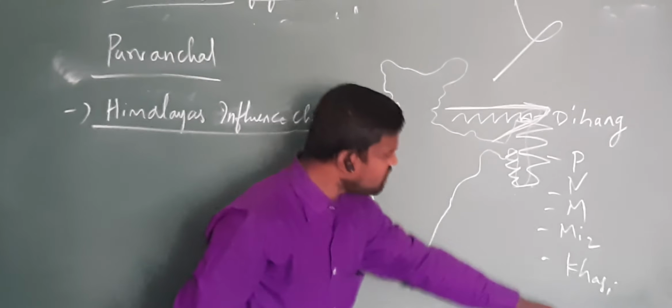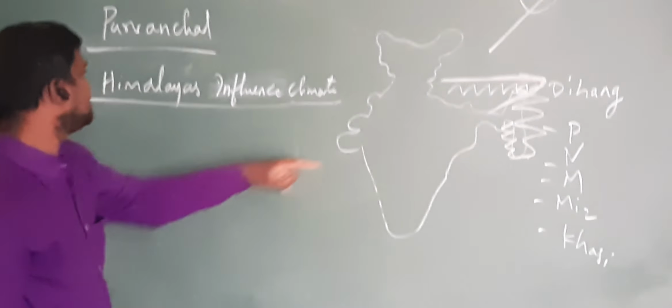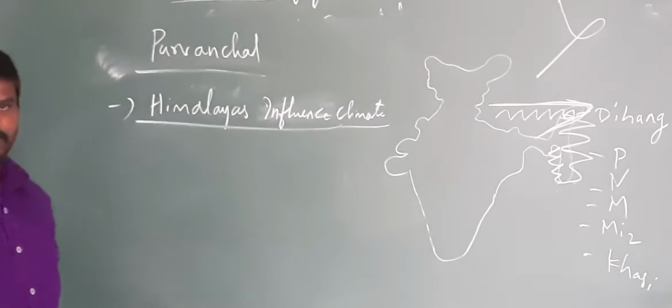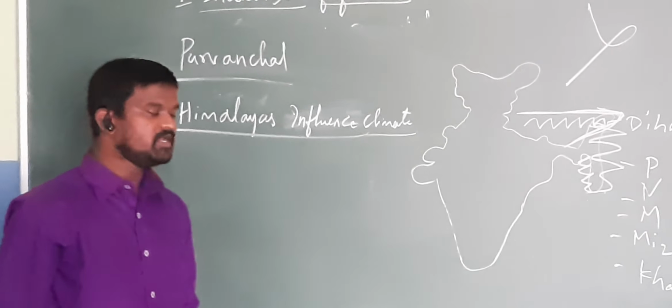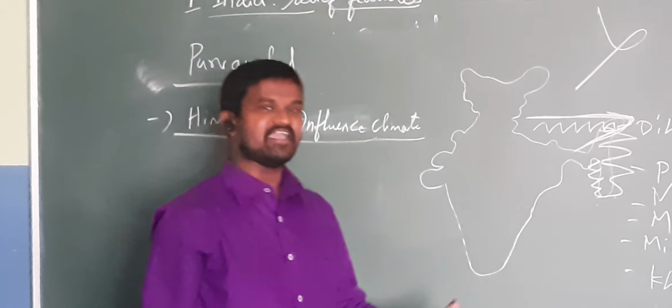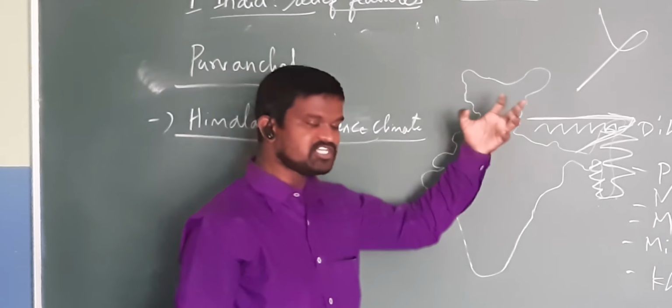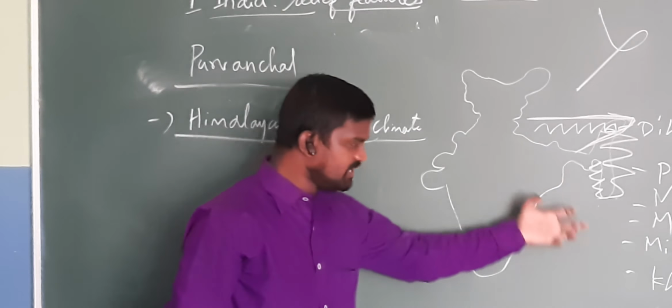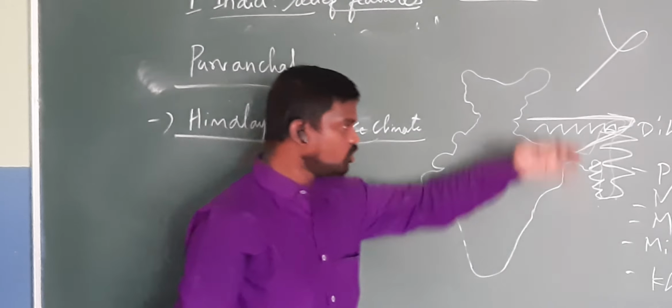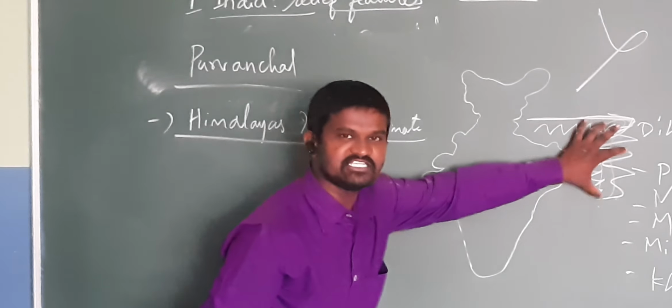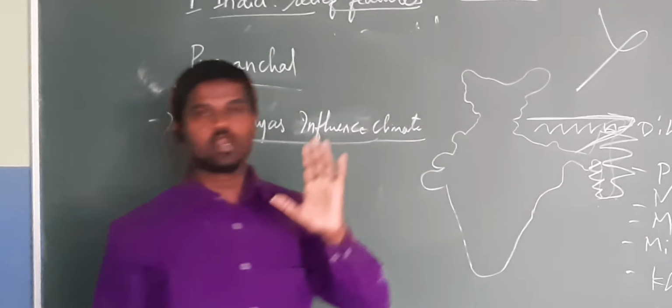Because of these 5 ranges, this region is called Purvanchal, and these northeastern states are called Purvanchal states.